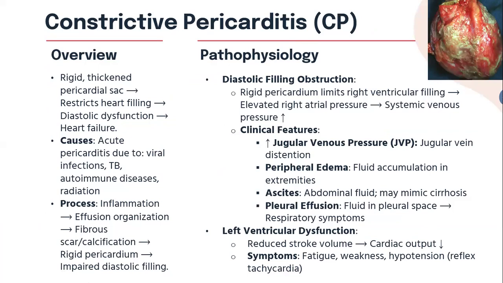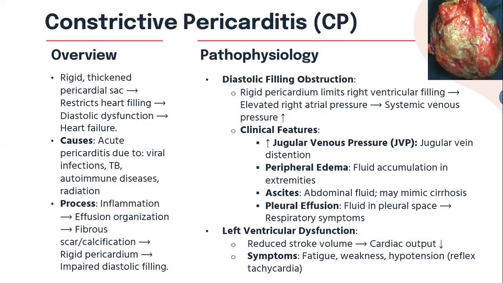So let's look at the etiology and pathogenesis of CP, constrictive pericarditis. So CP can follow an episode of acute pericarditis, which can arise from various causes, including viral infections, tuberculosis, autoimmune disorders, or radiation therapy.